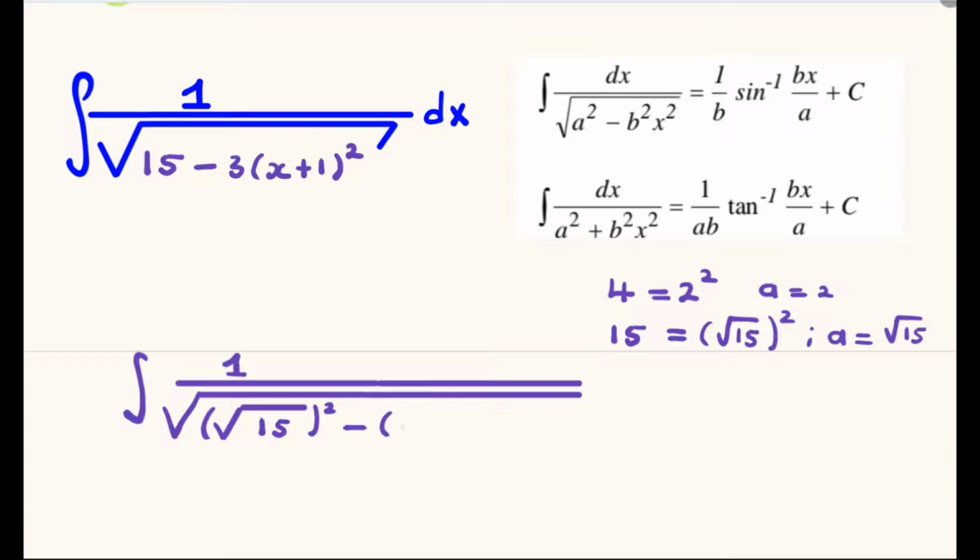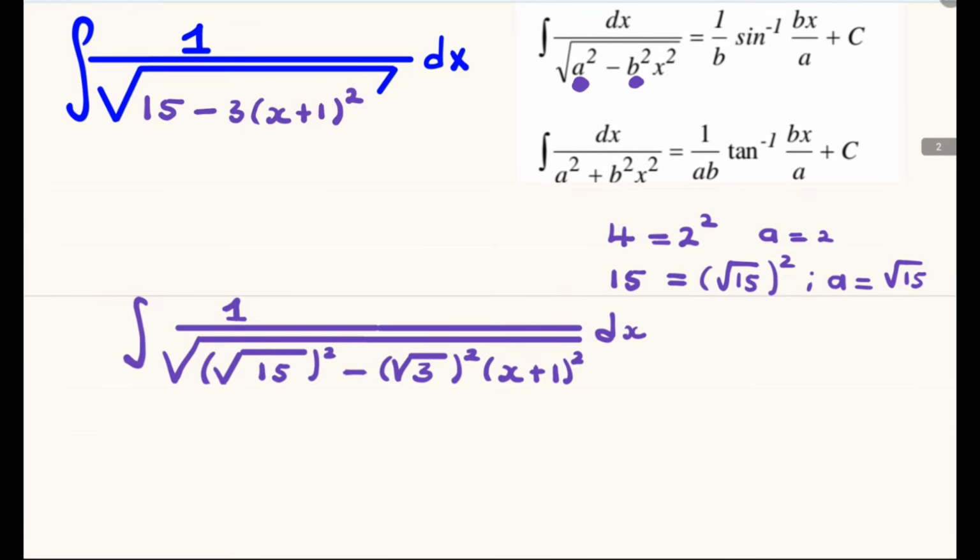We rewrite the 3 as the square root of 3 squared, and we have the (x plus 1) squared dx.